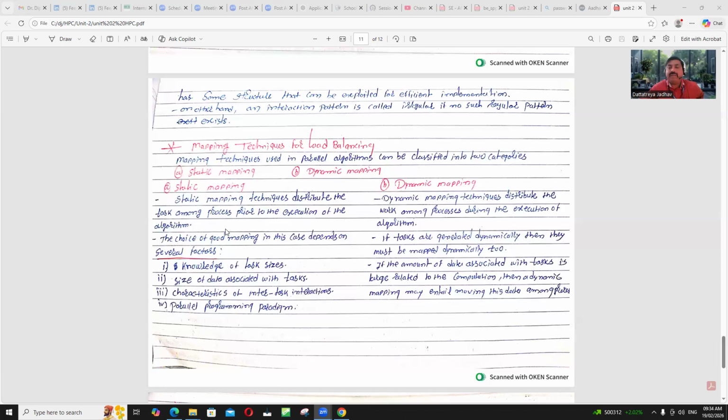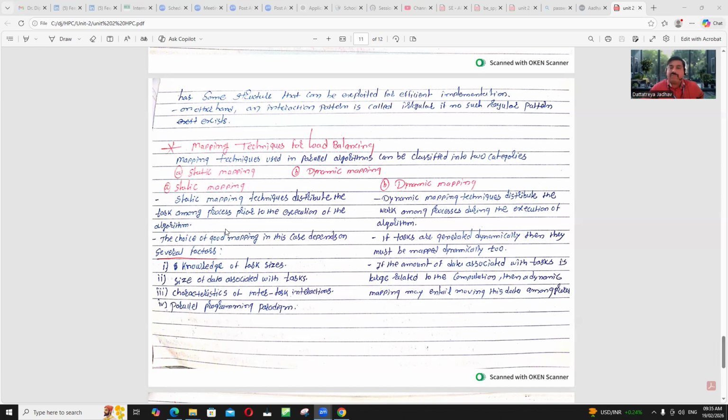In static mapping, all tasks will be allocated beforehand because we know all the tasks, but in dynamic we do not know the tasks, so we allocate at the time of execution. There is a predefined structure to allocate the tasks in static, because we know all the tasks, so it follows the sequence.